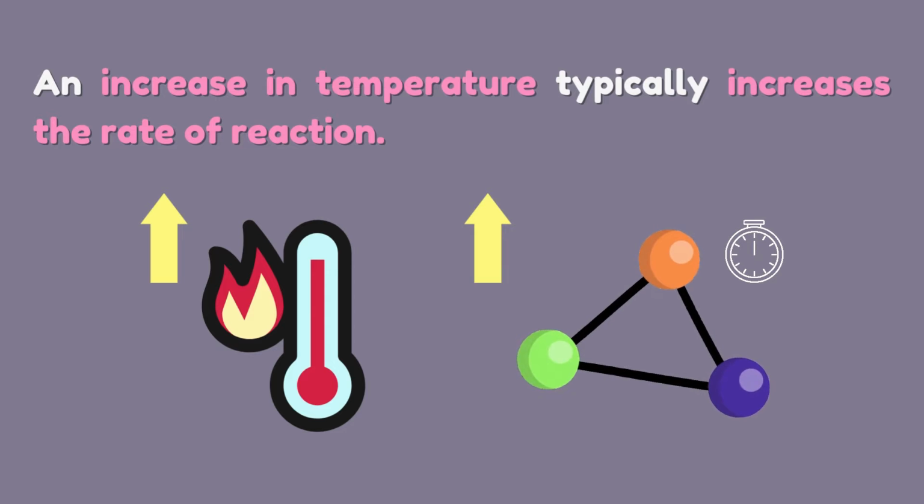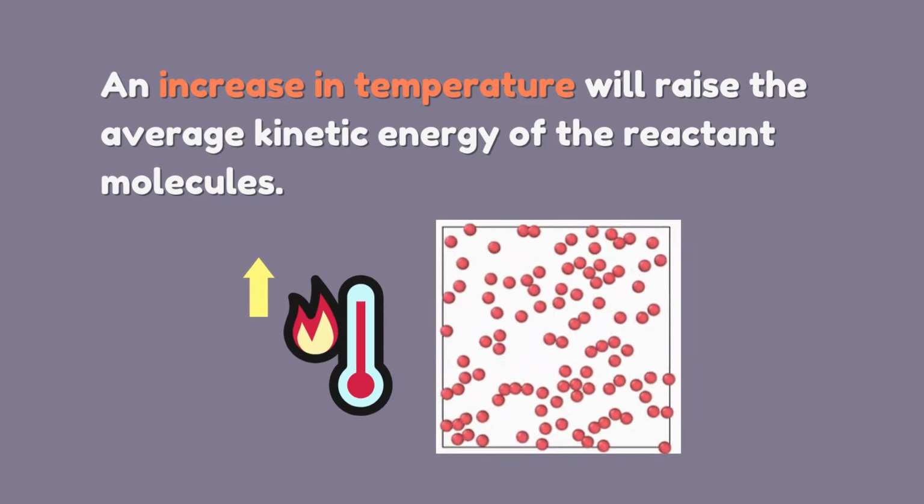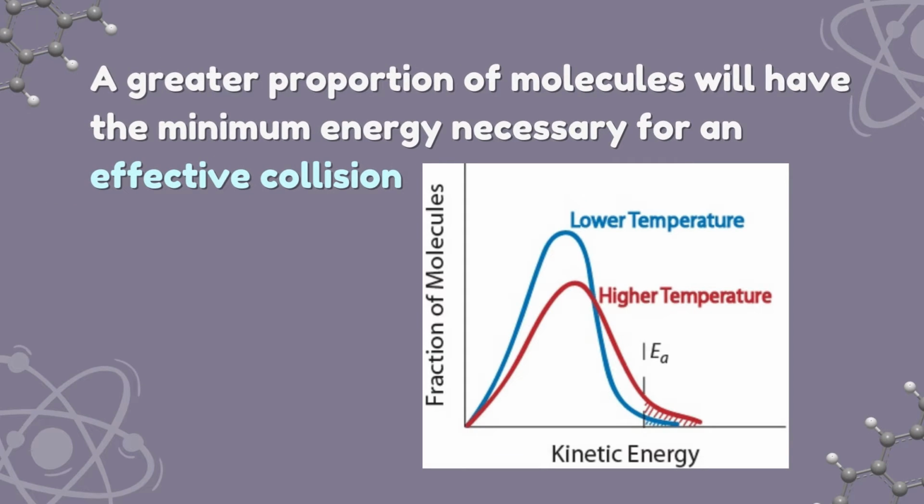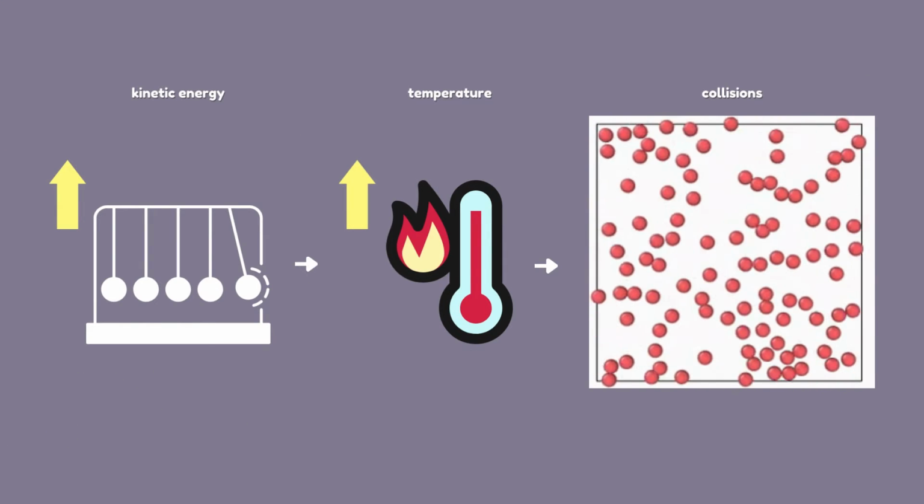An increase in temperature will raise the average kinetic energy of the reactant molecules. Therefore, a greater proportion of molecules will have the minimum energy necessary for an effective collision. The kinetic energy associated with particles increases with temperature.